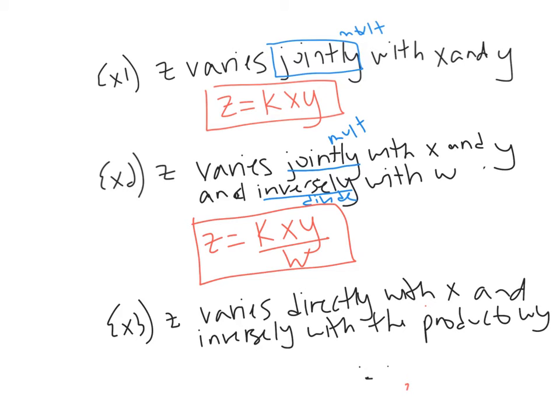We start with z varies, so z equals. Directly, what do we think of when we think of the word directly? Think multiply. So we have k directly with x, so kx. And inversely, what do we think of when we think of inversely? I think fraction, so divide. Inversely means divide with the product of wy. What does wy mean? Product means multiply. So z equals kx divided by wy.